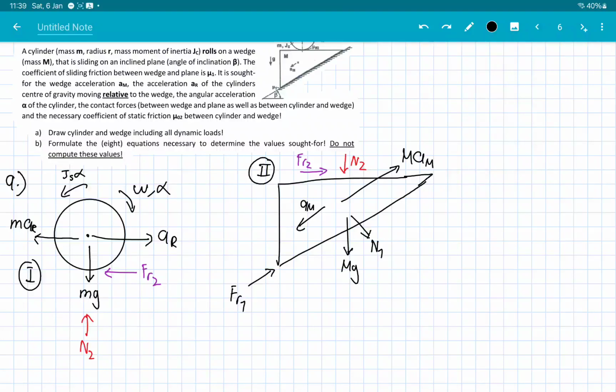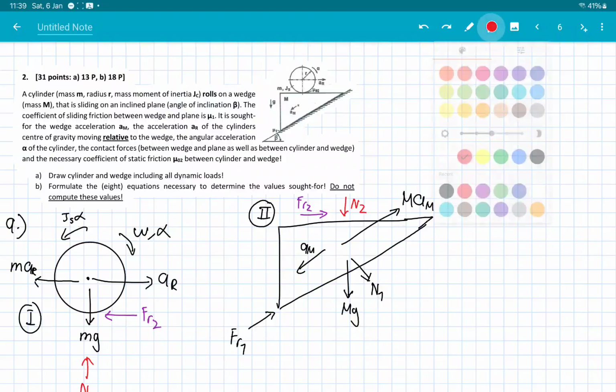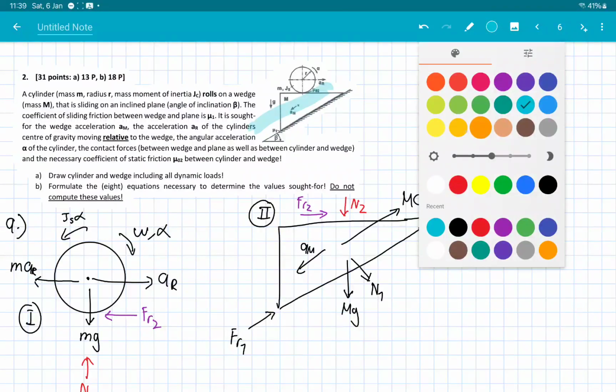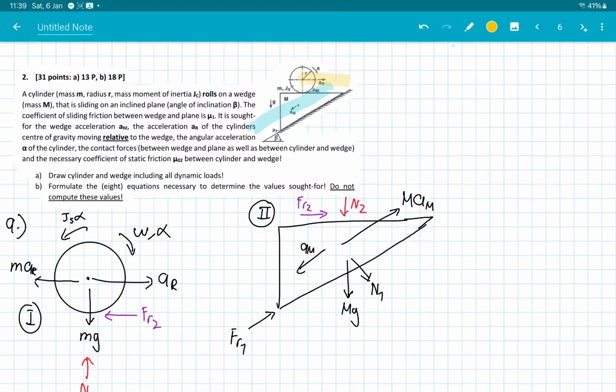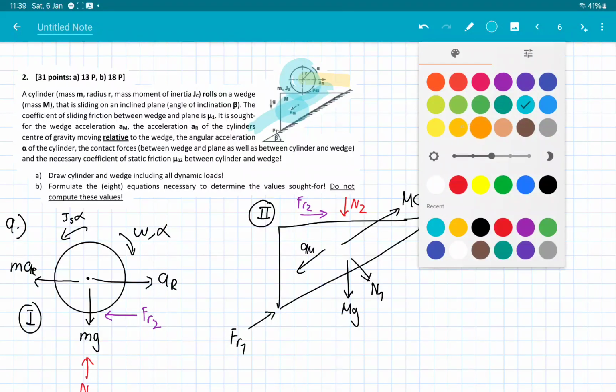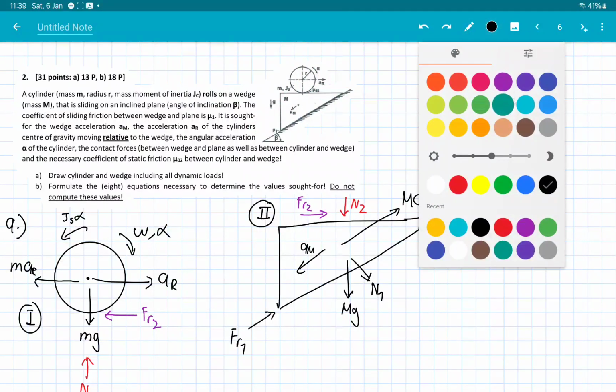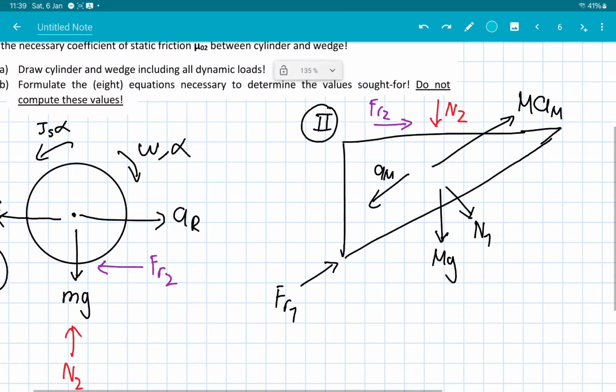Now, you need to remember that because this whole thing is sliding downwards, and because this thing is going to roll to the right, whatever is happening here also happens here, but whatever is happening here does not happen here. So I'm going to highlight this as blue.